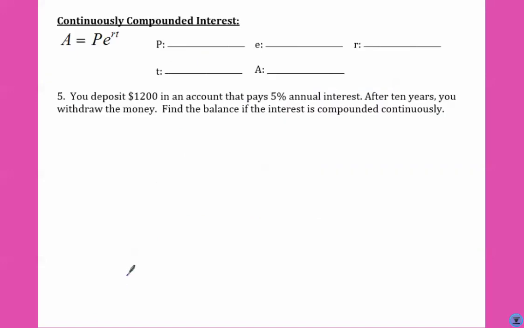All right, on to continuously compounded interest. P still stands for principal. E is Euler's number. You don't have to memorize the number. You just have to know it's the second natural log on your calculator. R is still our rate as a decimal.